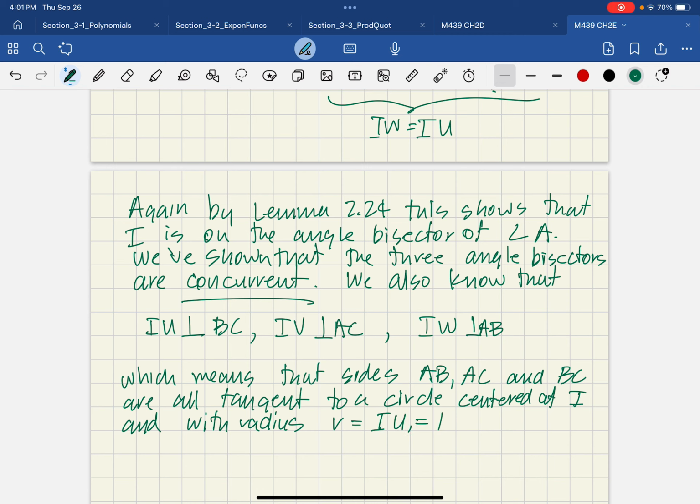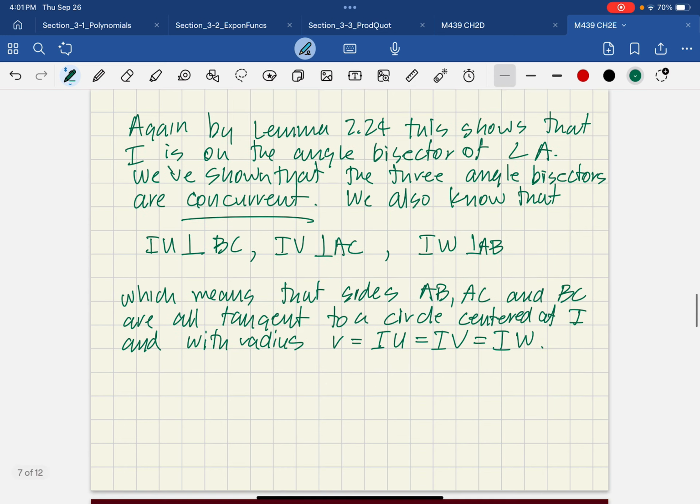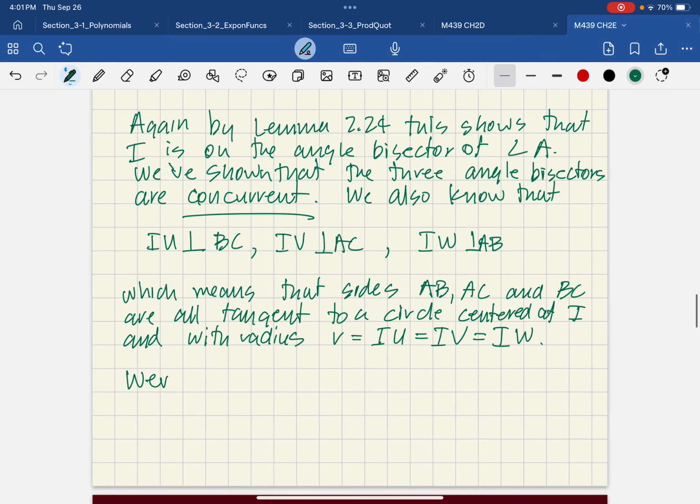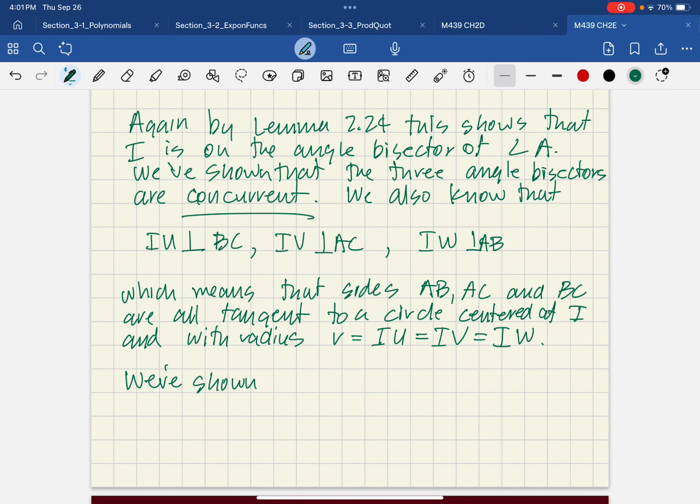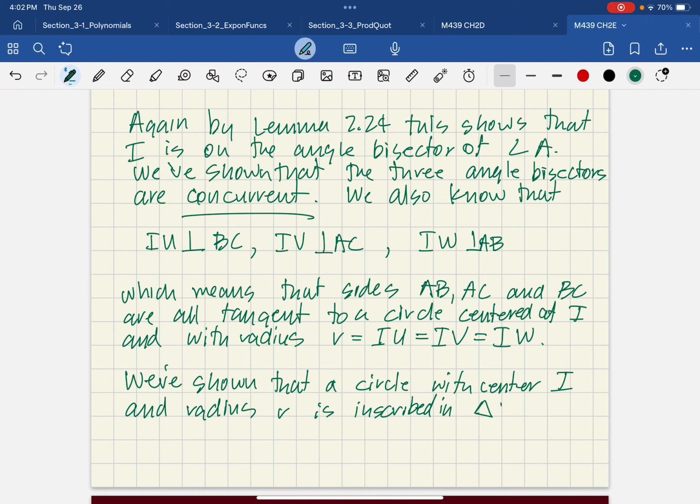IU equal to IV equal to IW. So what have we shown now? We've shown that a circle with center I and radius r is inscribed in triangle ABC.